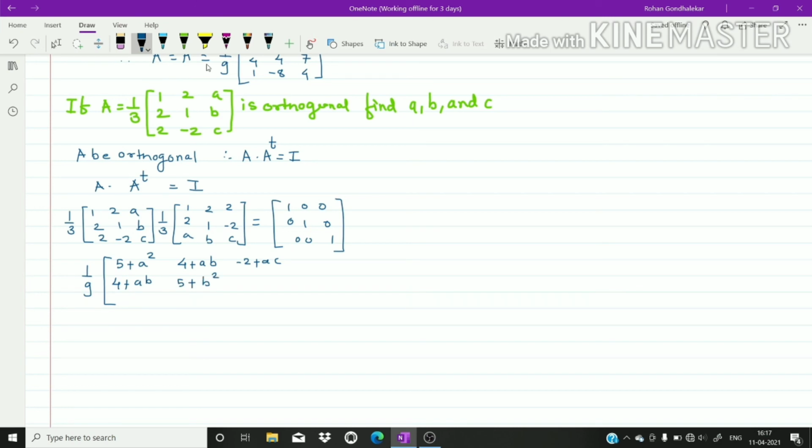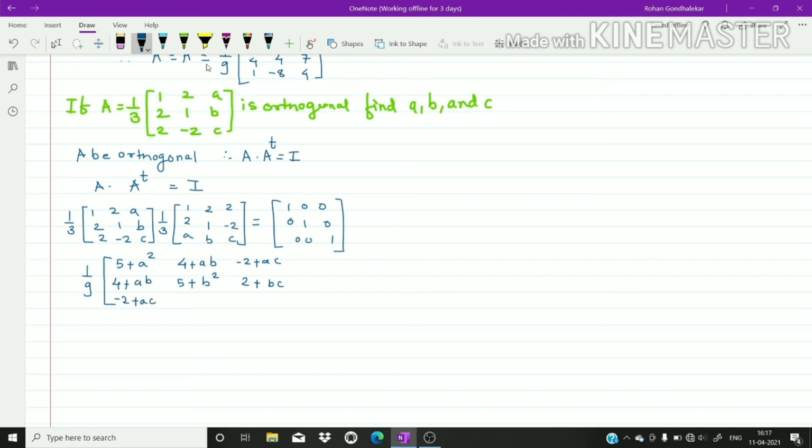And the last entry of the second row: 2 twos are 4, 1 into minus 2, so 4 minus 2 gives me 2 plus 2b. Now the third row: 2 into 1 is 2, minus 2 into 2 is minus 4, so 2 minus 4 gives me minus 2 plus ac.